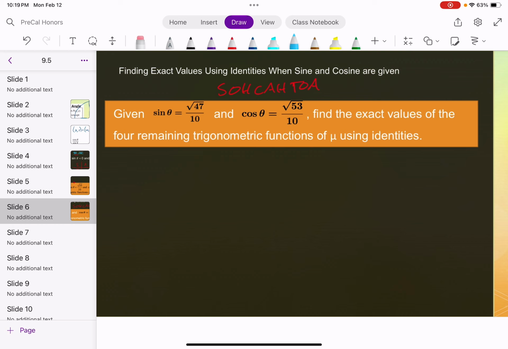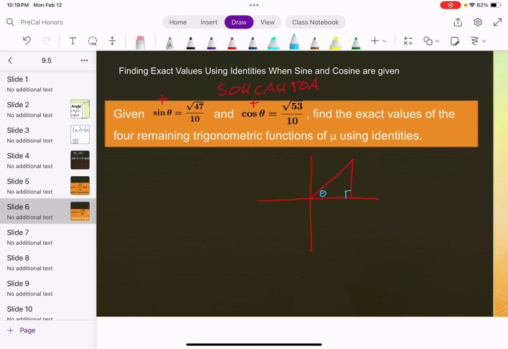So we're continuing on with slide 6. Slide 6, we take a look at first what is going on with what's being given. In this case, sine and cosine, they are both positive. So we know that we're going to be working with quadrant 1. Our 90-degree angle would be here, and theta would be there.